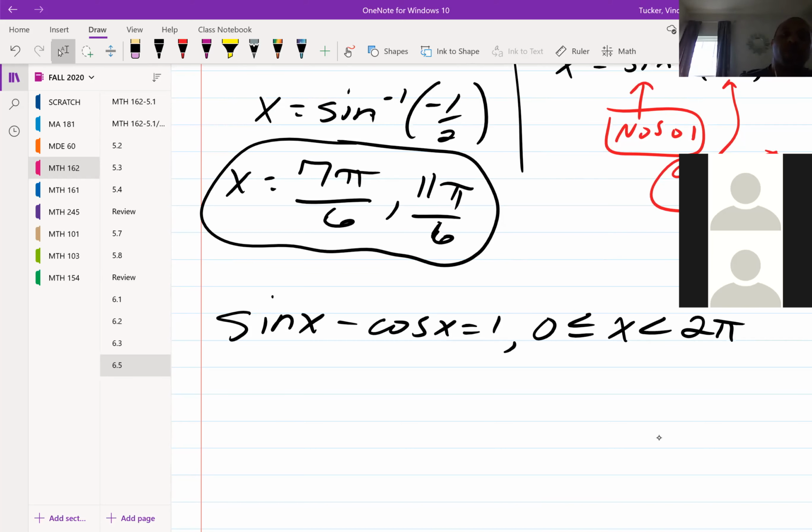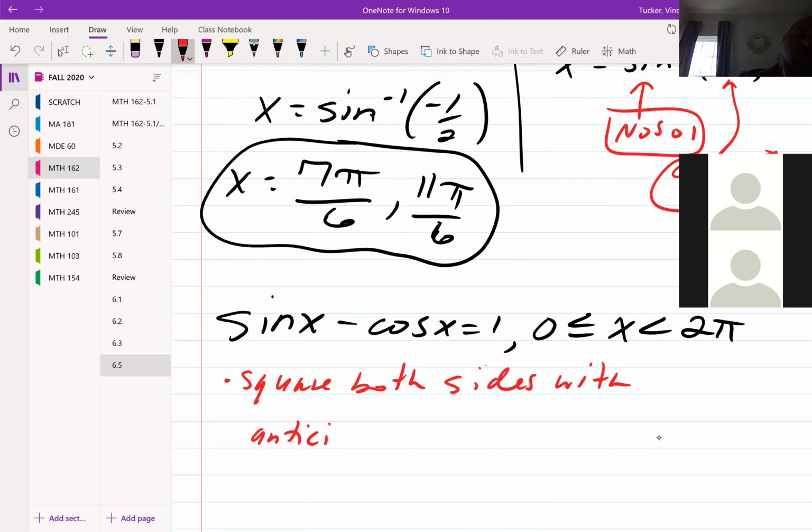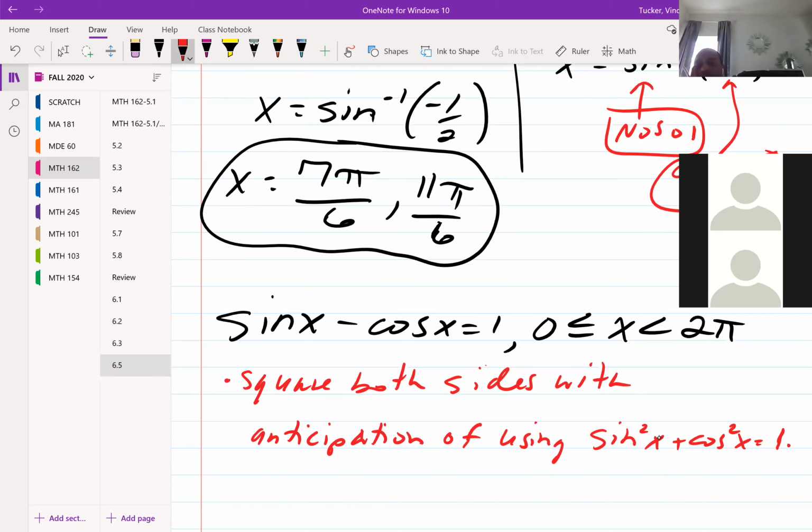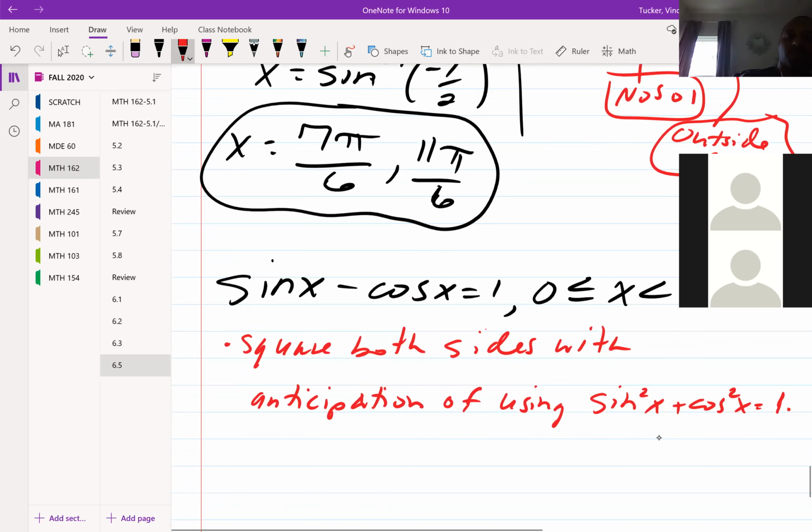What we can do is square both sides, with the anticipation of using sine squared plus cosine squared equal to 1, the Pythagorean identity. So we'll see if it works. If not, go back to the drawing board.